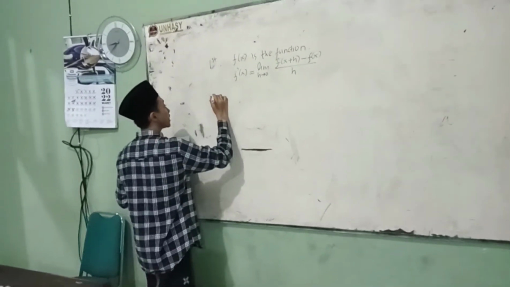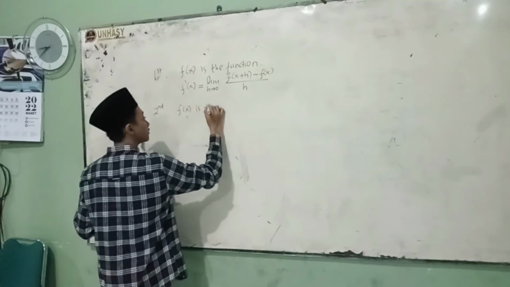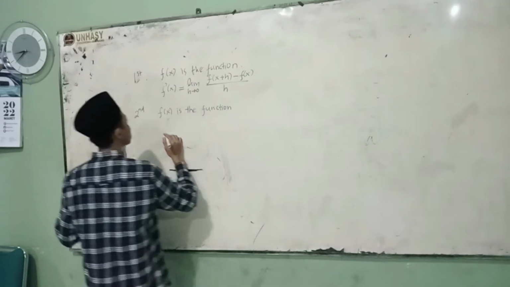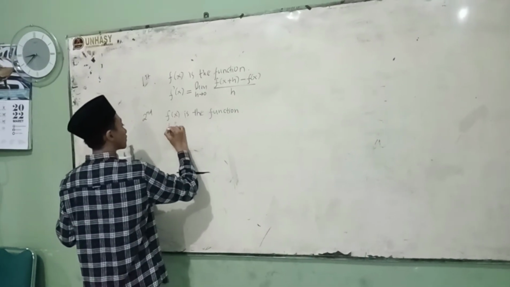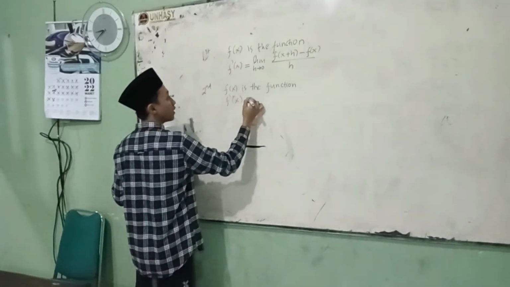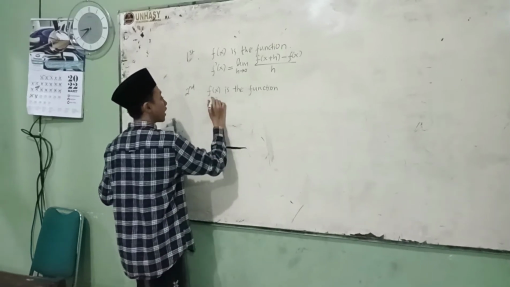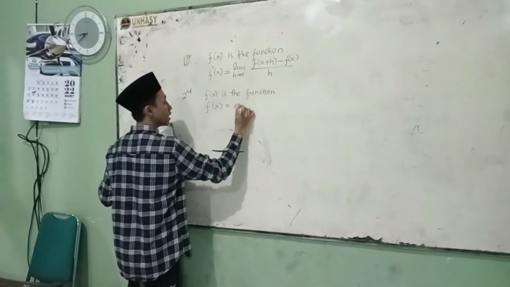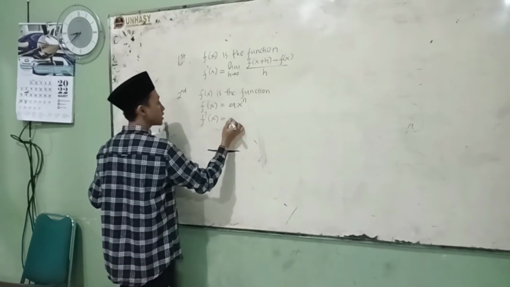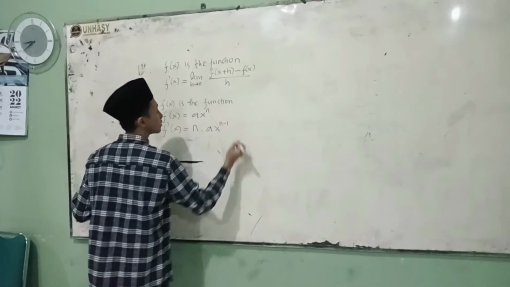And then the second way, we have f of x is the function, and the derivative function f prime of x is as follows. If f of x is equal to ax to the power of n, then f prime of x is equal to n times ax to the power of n minus 1.